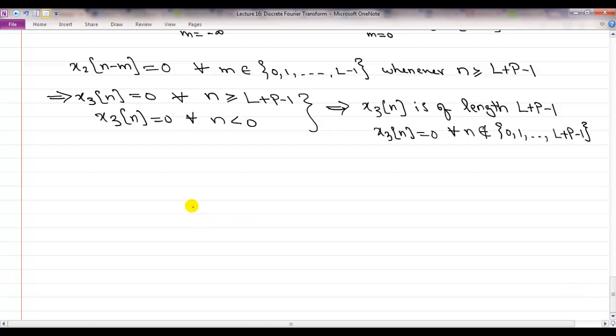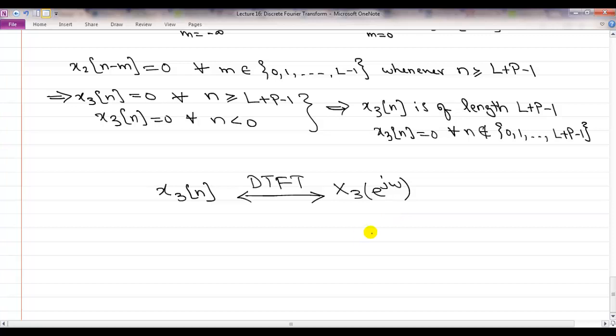So just as a reminder, we had talked about, and I'll use the x3 of n here, that if we have DTFT of a sequence given by x3 of e to the j omega, and if we take n samples, so we sample the frequency domain, then those samples can be associated with the coefficients of a discrete Fourier series.